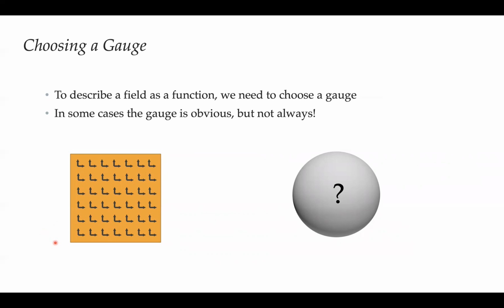That feels natural to our eye. Although, of course, in some applications there's nothing special about the X and Y directions, and so this is not even a natural choice. In other cases, like the sphere, there really isn't a natural choice at all.